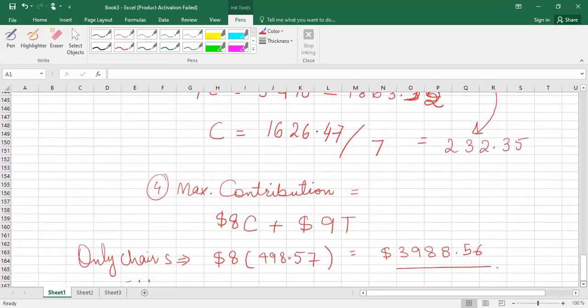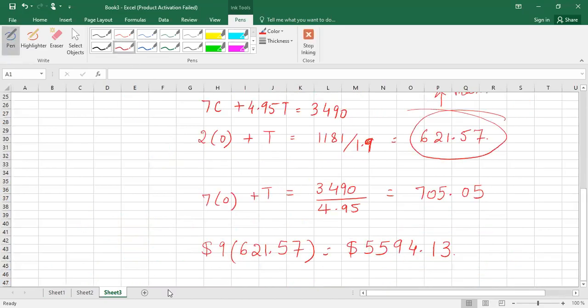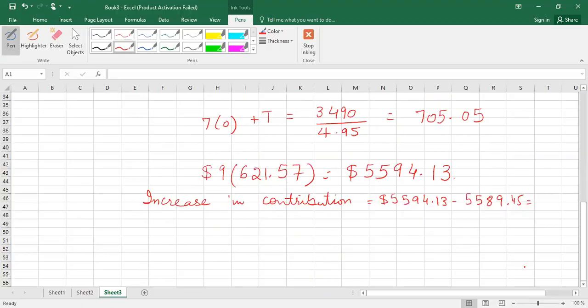Previously it was 5589.45 and now 5594.13. So the increase in contribution is equal to 5594.13 minus 5589.45, which is 4.68.